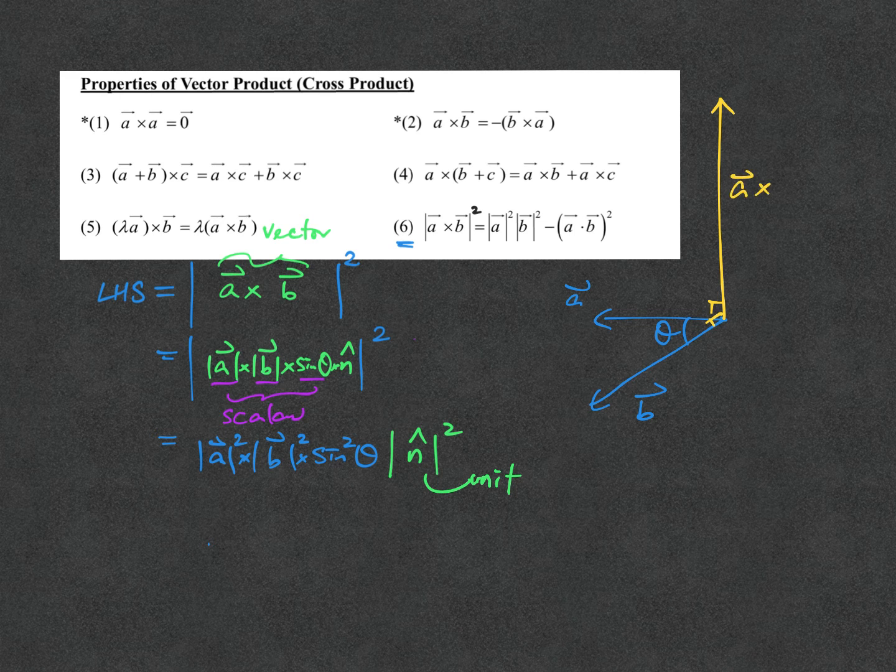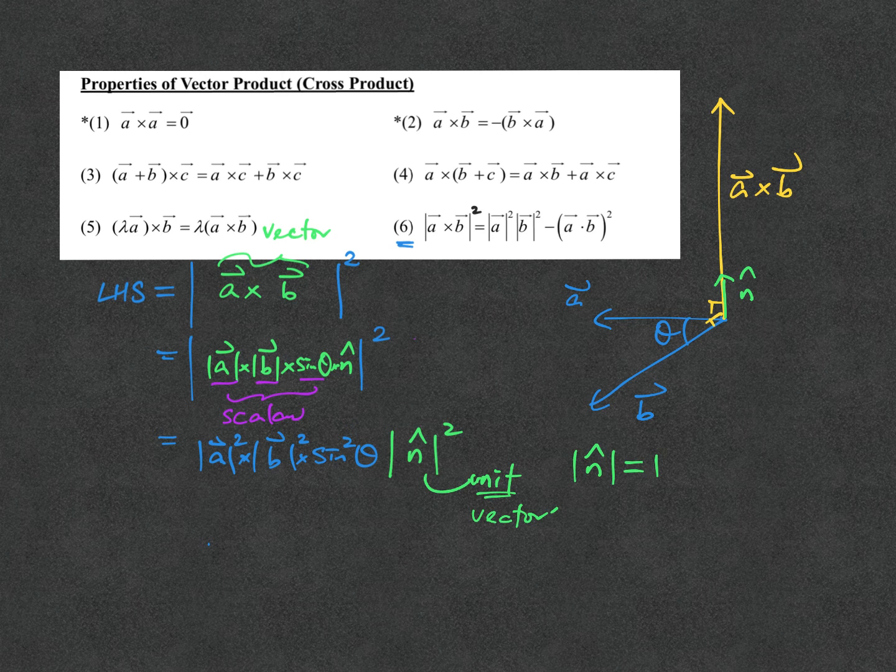So this is called the A cross B vector. To indicate the importance of this direction, we define another term called the n hat vector, which is the unit vector in this direction. As a result, the n hat magnitude is equal to 1 because it is a unit vector.